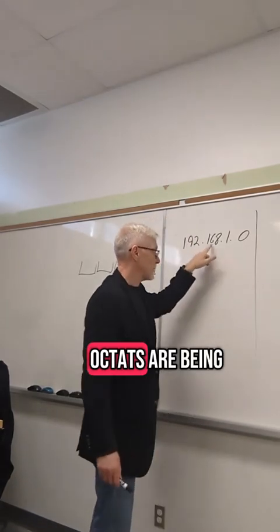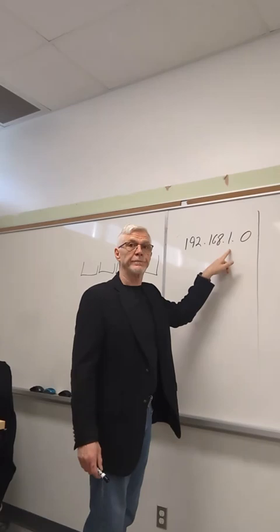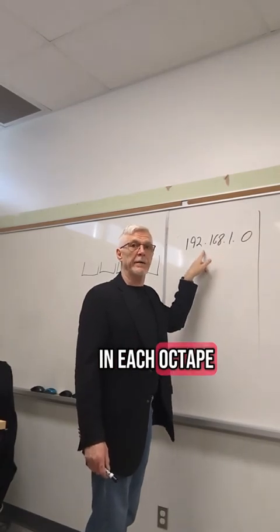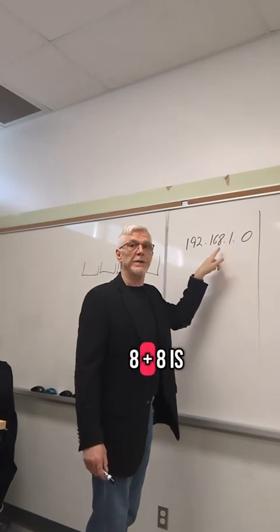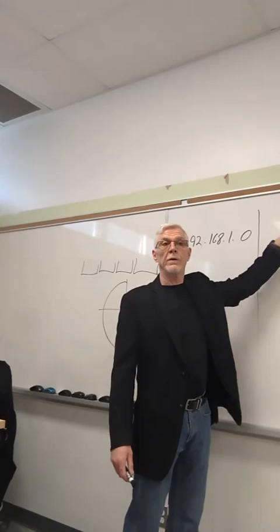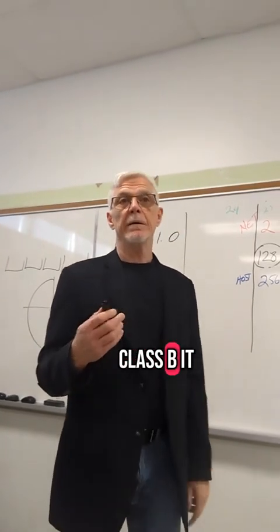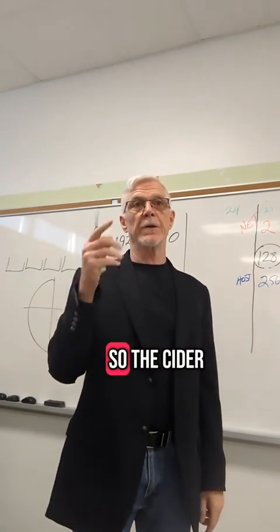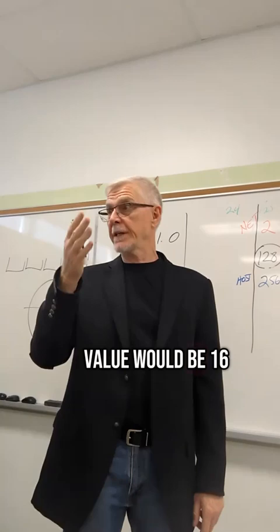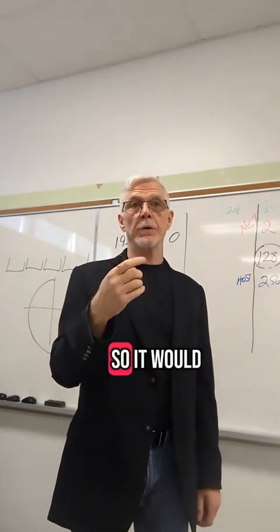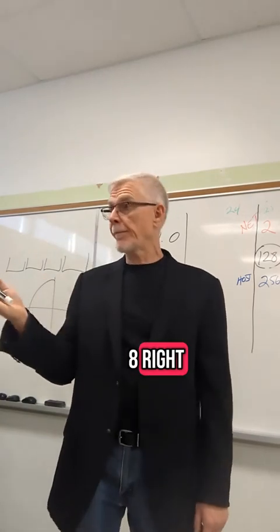How many octets are being used for the network ID? 8, or 3, right? How many bits in each octet? 8. 8 plus 8 plus 8 is, right, 24. If it was a class B, it would be 2 octets. So the CIDR value would be 16. A class A, there's 8 bits making the network ID, so it would be a /8, right?